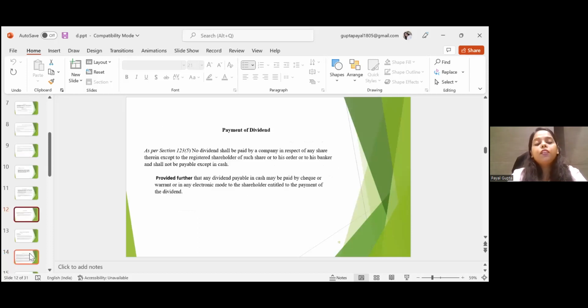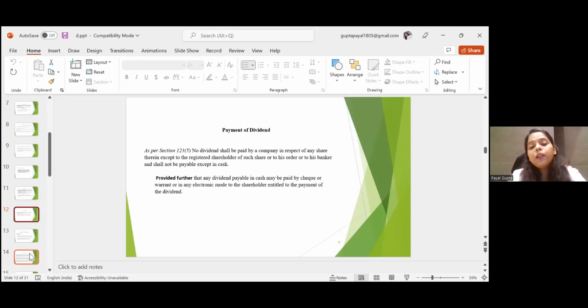Further, payment of dividend. It is governed by section 123(5). No dividend shall be paid by company in respect of any share therein except to the registered shareholder of the shares or on his order or to his banker, and shall not be payable except in cash. बोला जा रहा है कि कंपनी किसी को भी डिविडेंड नहीं देगी, जो रजिस्टर्ड शेयर होल्डर होंगे उनको देगी या फिर उनको देगी जिसको शेयर होल्डर्स ने अपने बैंकर को रिकमेंड कर दिया कि इन्हें देना है तो उन्हें देगी, उनके बैंक में देगी.